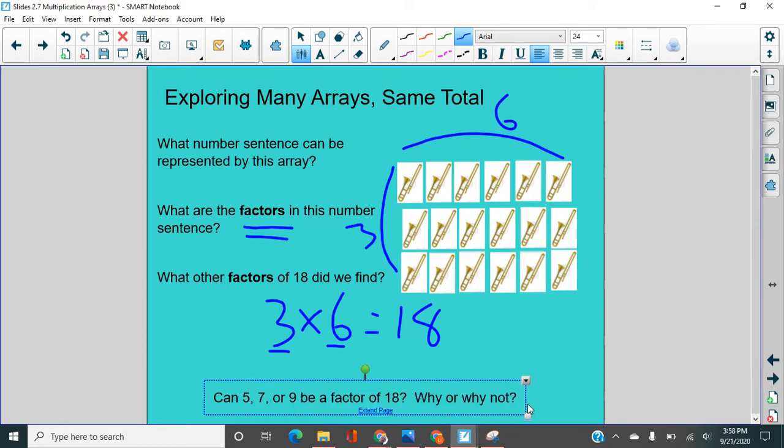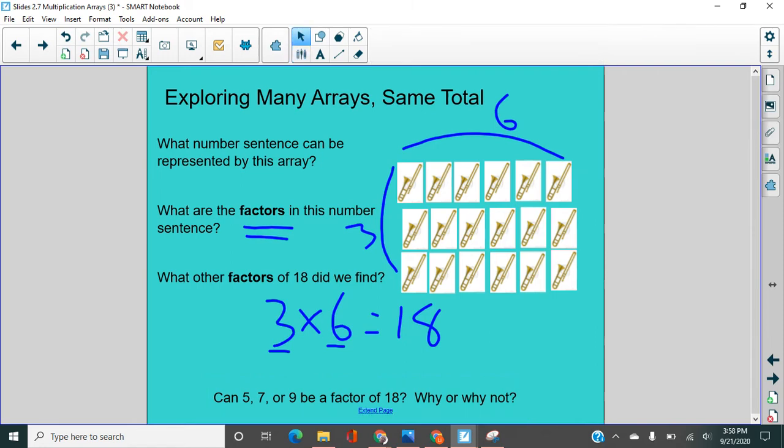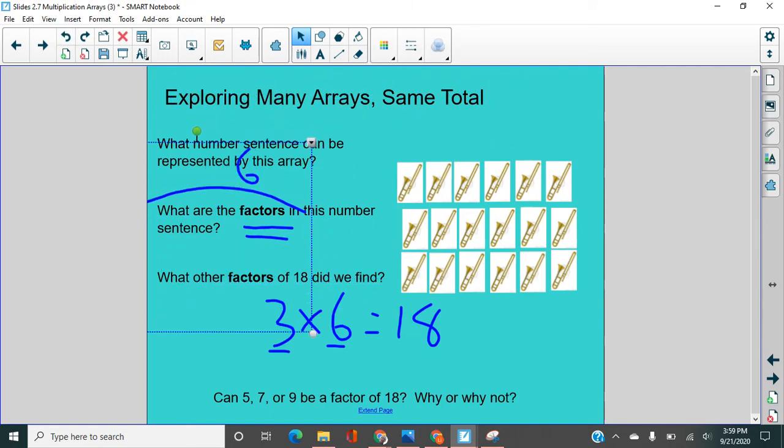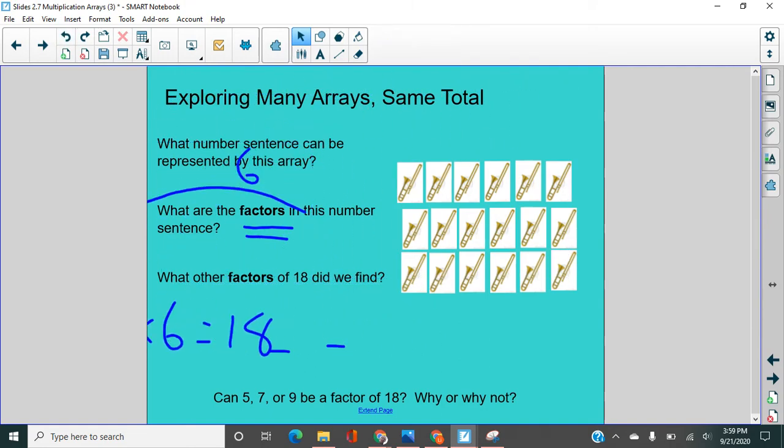Now, what about 5? Well, let's see. What if we had 5? Let's try to rearrange these so that, oh, I drew on it again. All right, I'm going to get rid of that stuff and put it over there.